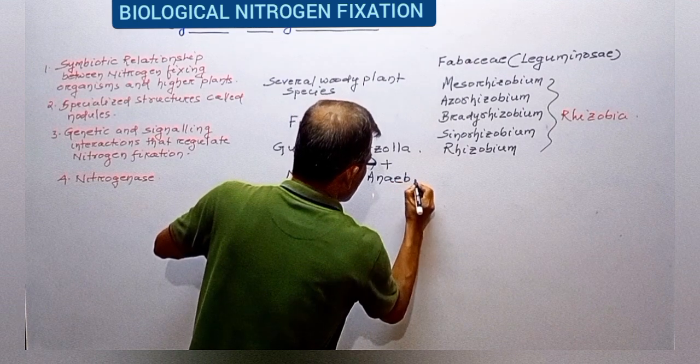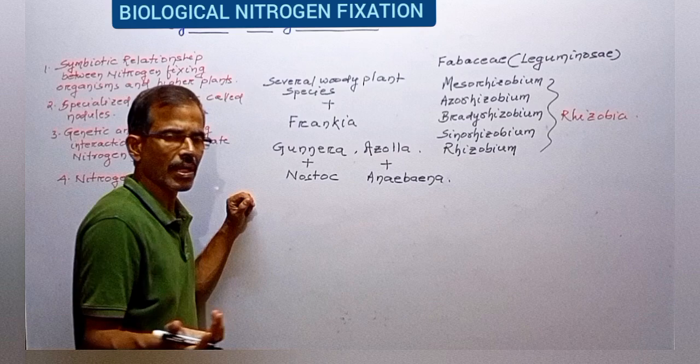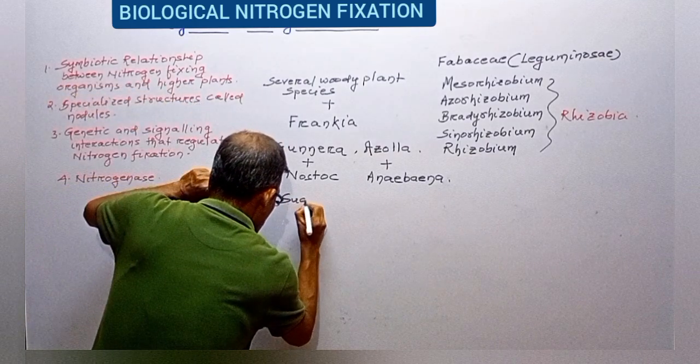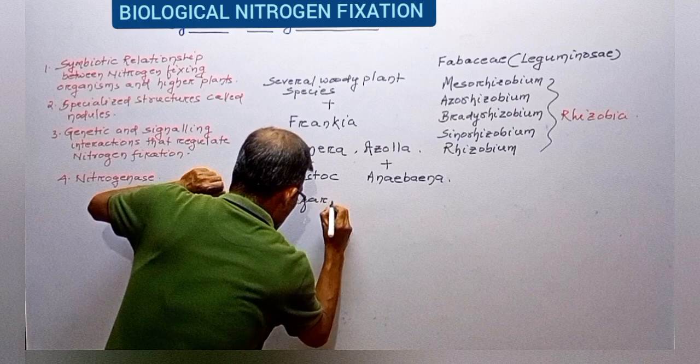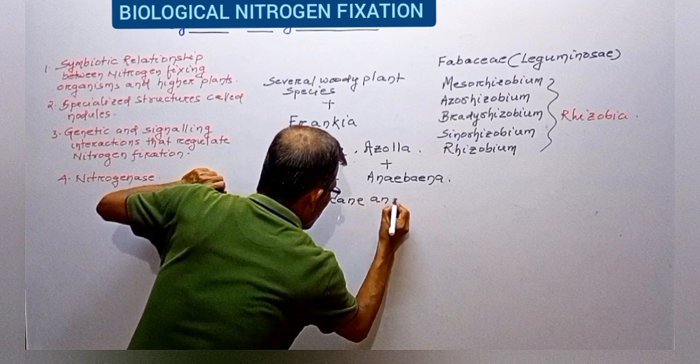Finally, some nitrogen-fixing prokaryotes are also associated with C4 grasses such as sugarcane and Miscanthus.